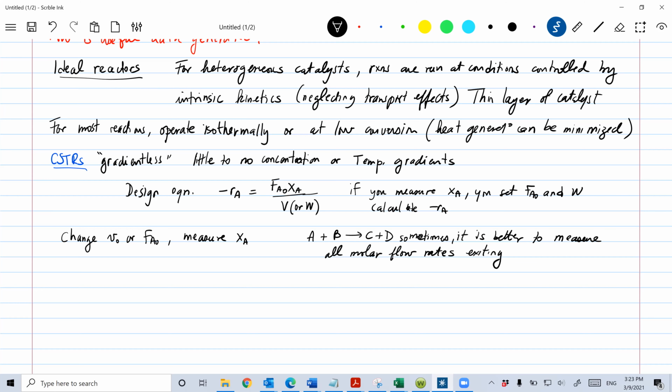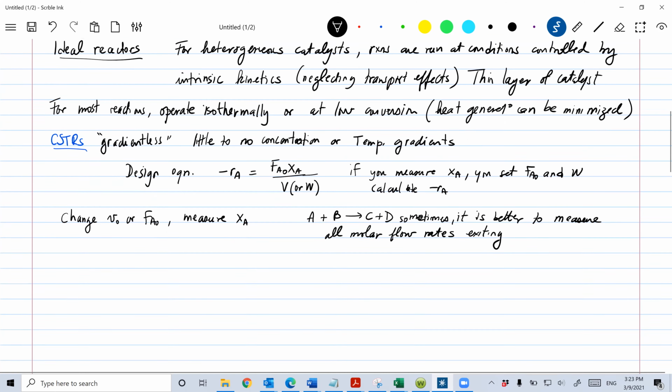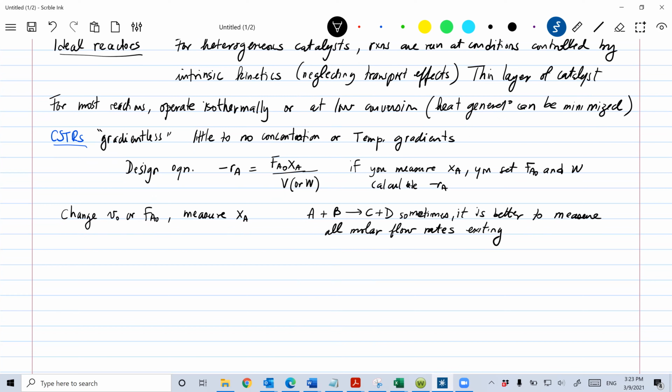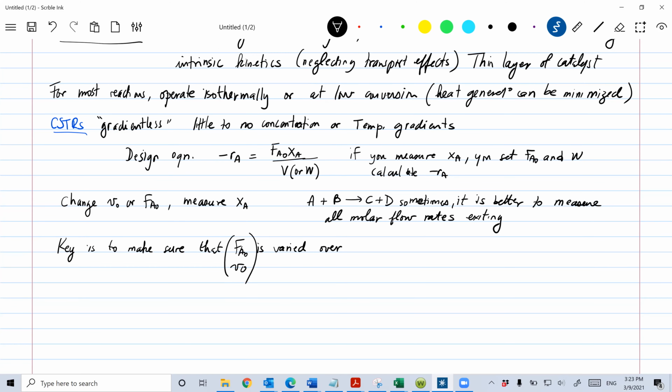Now, we're only presenting CSTRs, and then we'll talk in a second about why they're not very good for doing the experiments that we want to do, which is ironic. The key here is to make sure that FA naught, or V naught, one of those two, is varied over a wide range.